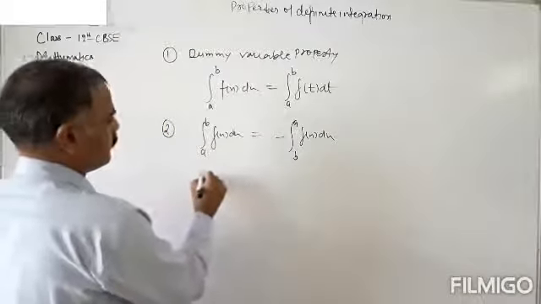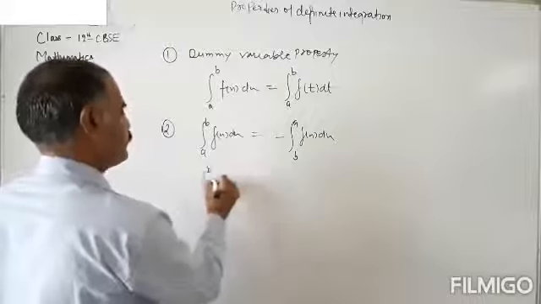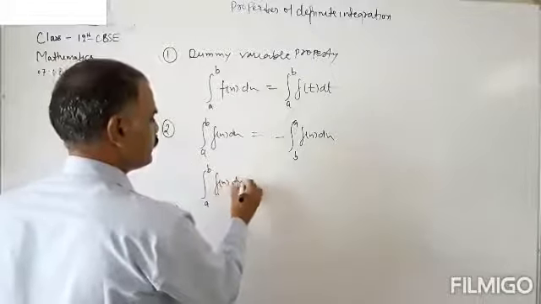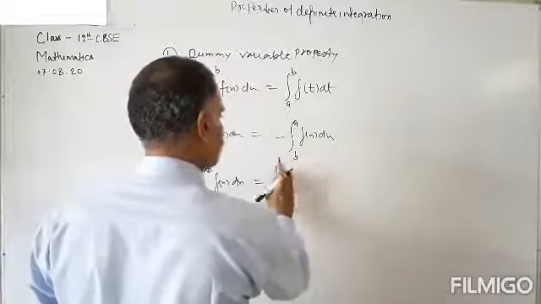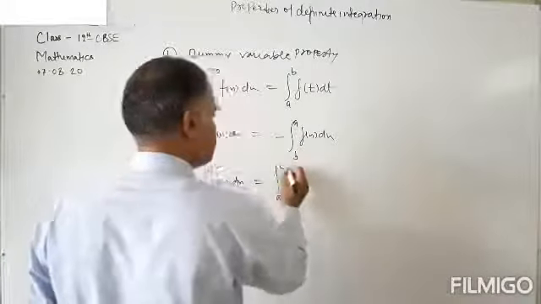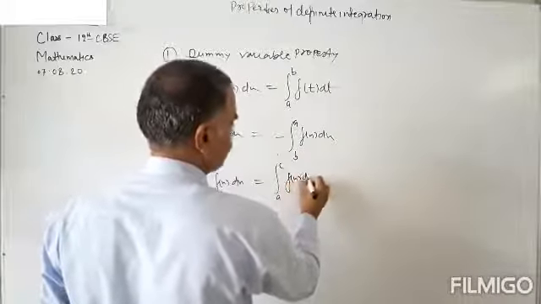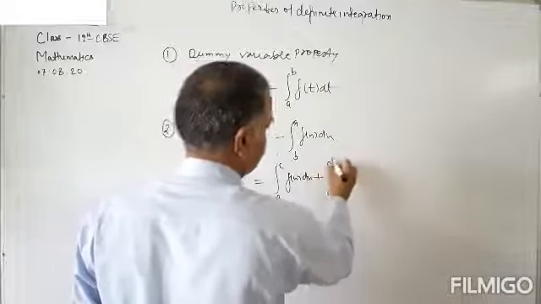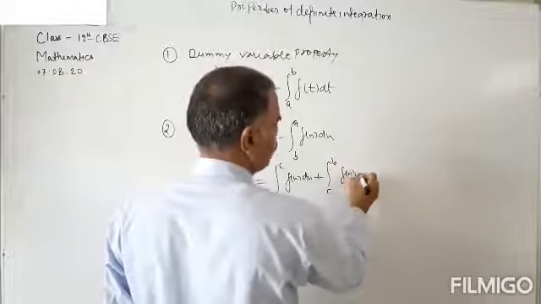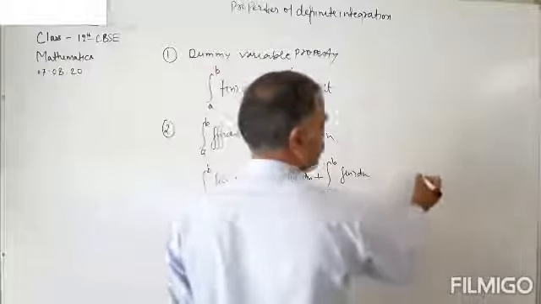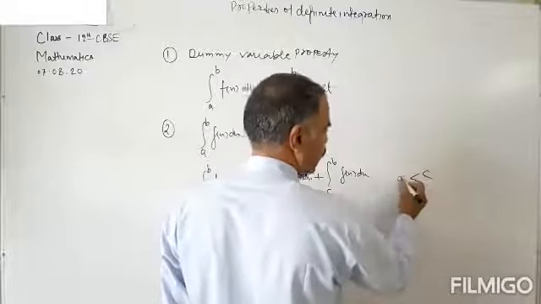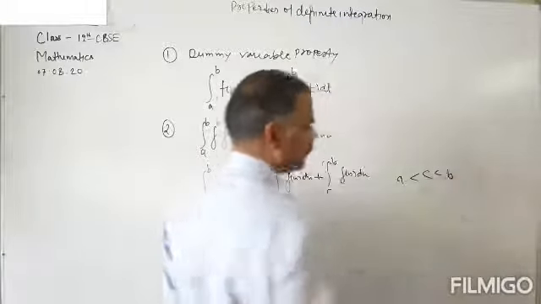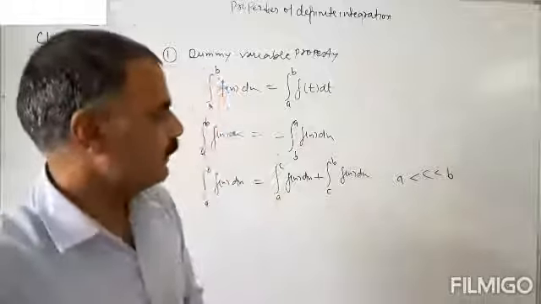Third property in this respect is integral a to b f(x) dx is written as integral a to c f(x) dx plus integral c to b f(x) dx. Here c is any real number between a and b.